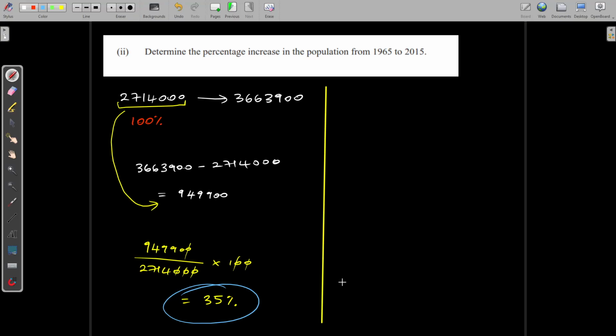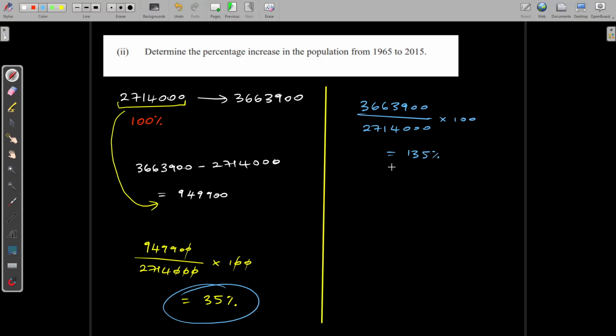You think there's another way we can do this? Sir, something with the years. No. We can just put the two populations over each other. So since this represents 100% of the population, we should be able to put this over it and this should give you 135%.